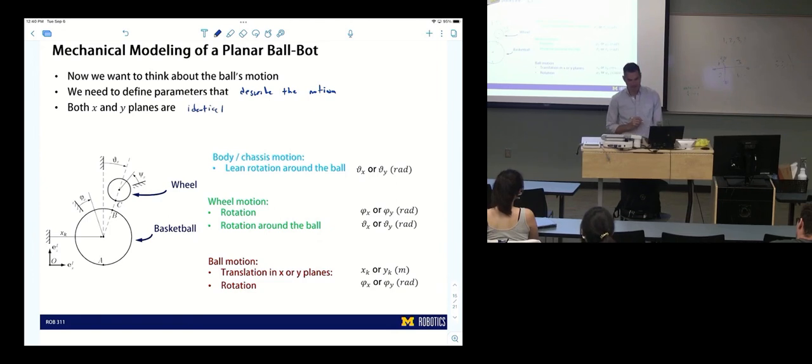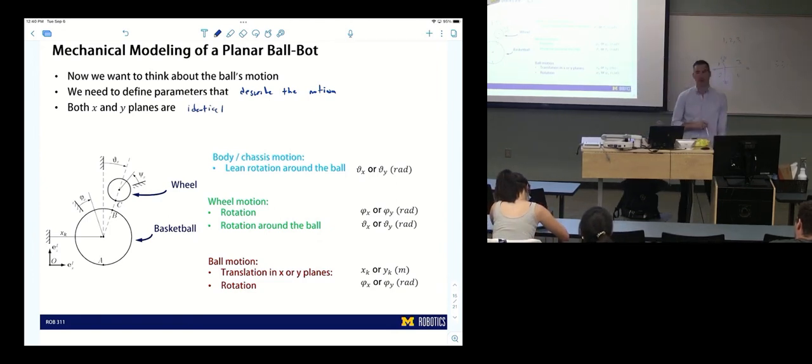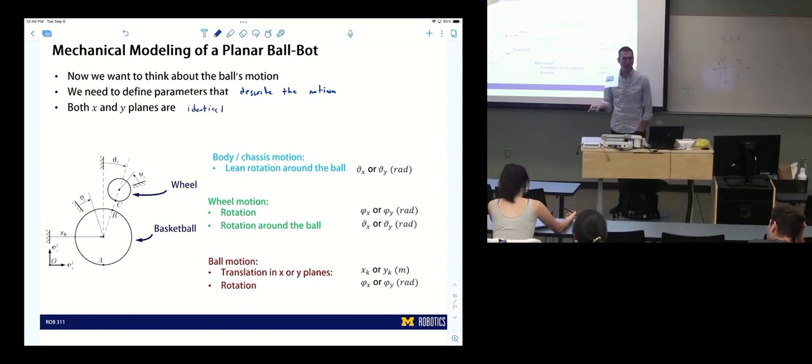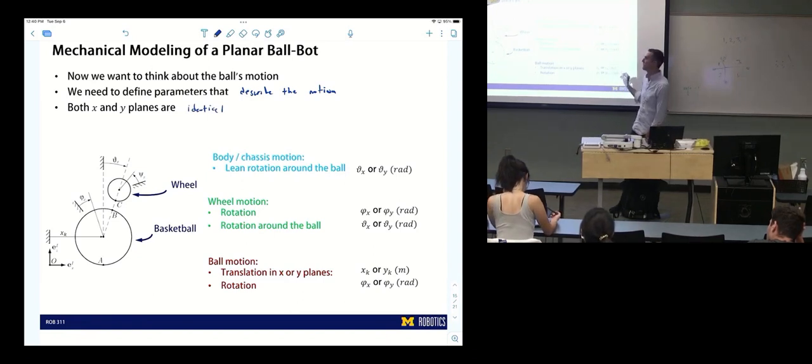Our planes here are identical. This is the way that we'll talk about the motion of the ballbot. These variables are going to come up a ton, so I'll try to refer to them both in their Greek form and in their actual physical form. But these are variables we're going to talk about a lot.